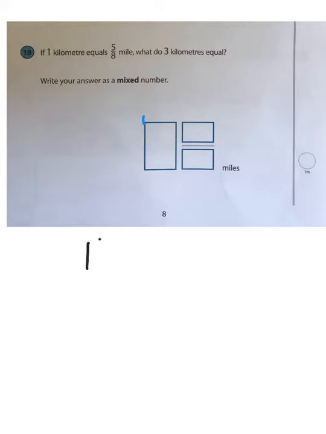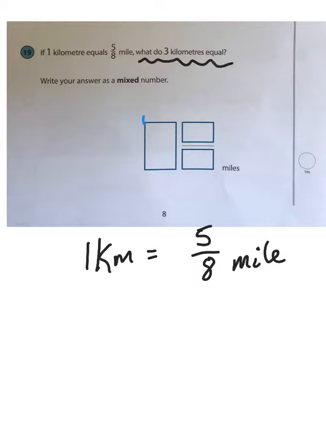1 kilometre equals 5/8 of a mile. Better write mile because it looks like meters. What do 3 kilometres equal? If we're going for 3 kilometres, what have we done to 1 to get to 3?